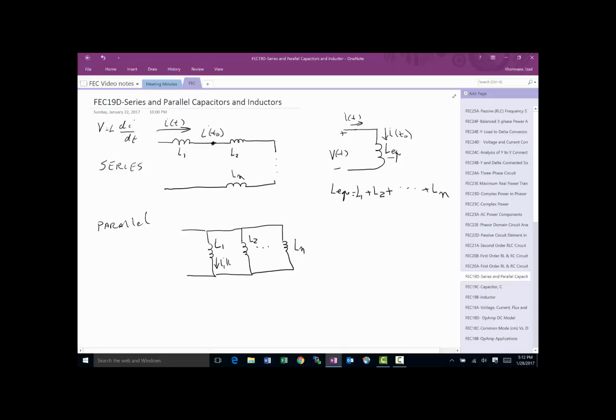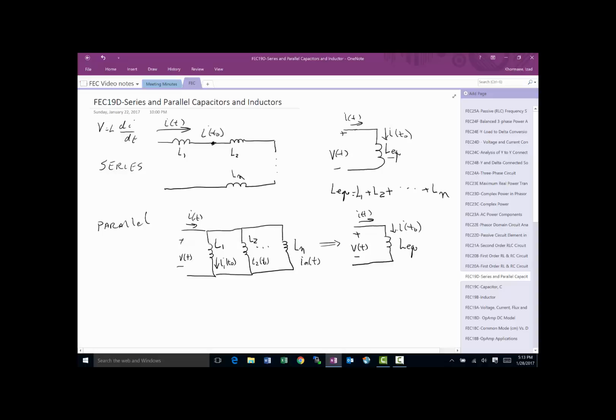So you're going to have I1 at time t0, I2 at time t0, and In at time t0. The L equivalent in this case would still be one inductor equivalent to all of these put together, with the same voltage across it, and the same current flowing through it. In this case, you will have an L equivalent and also an initial current.